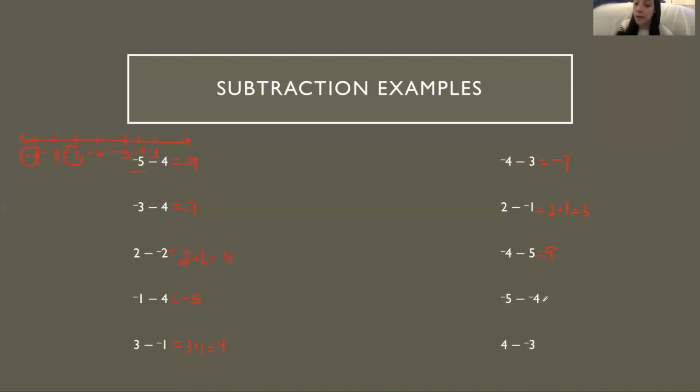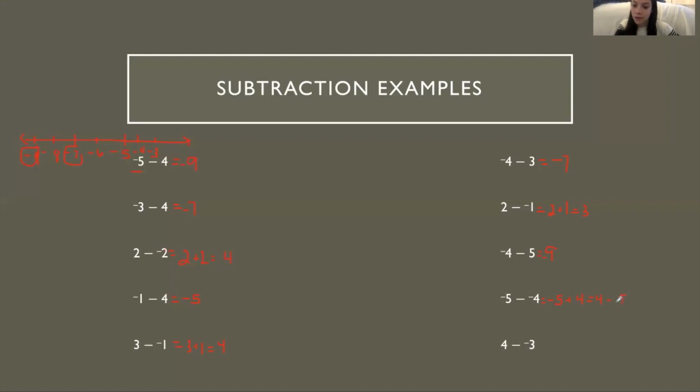Negative 5 minus negative 4. So that one's a little bit tricky because we know when we are subtracting a negative, it equals out to a positive. So here we get negative 5 plus 4. And then that will equal 4 minus 5.